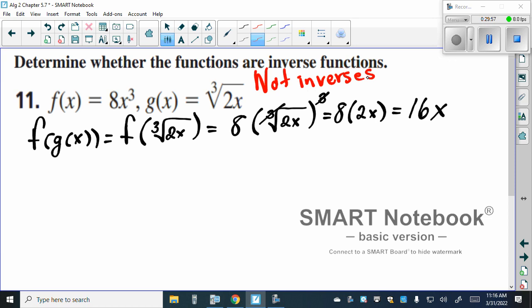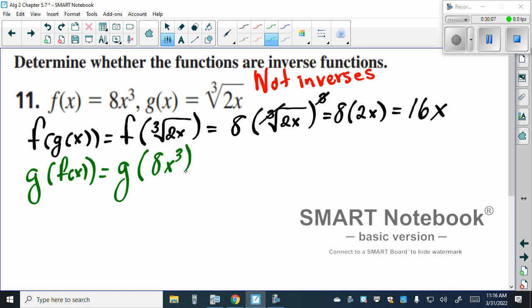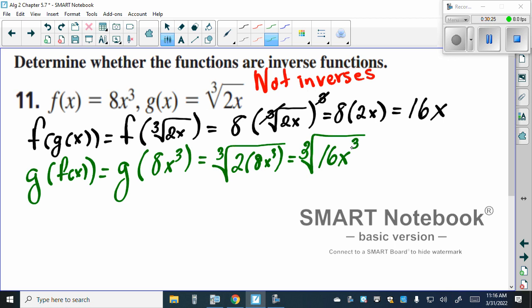Now, if I wanted to find g of f of x, we would replace f of x with its function, 8x cubed, and then plug that into g of x, which would be the cubed root of 2 times 8x cubed. Two times 8 is 16, and we have x cubed.